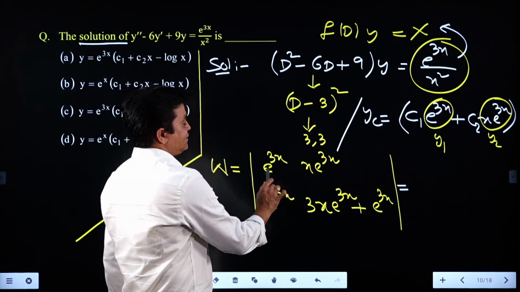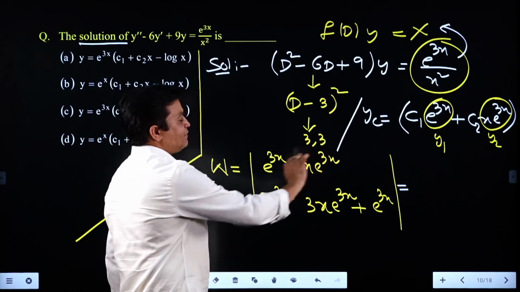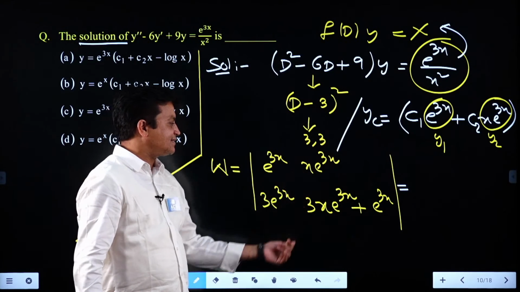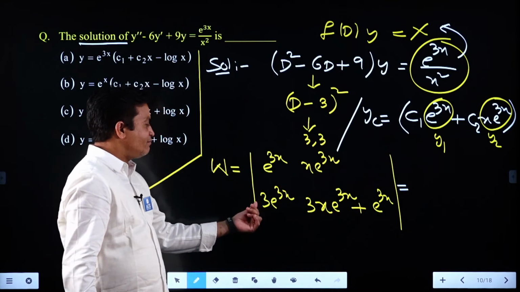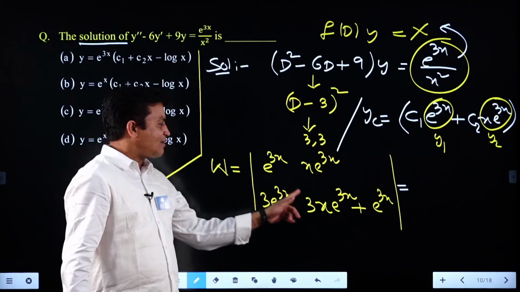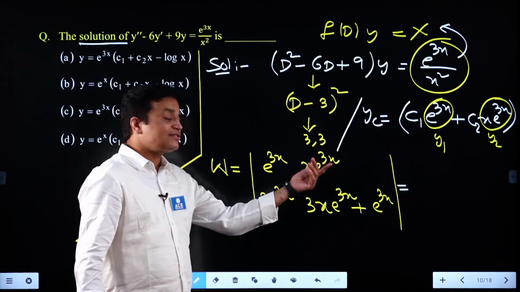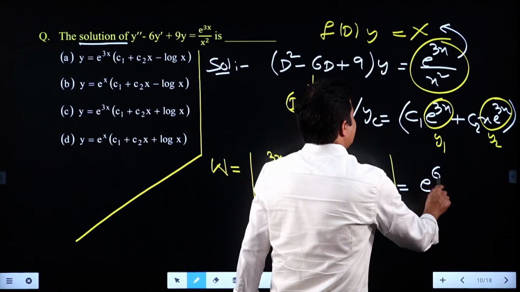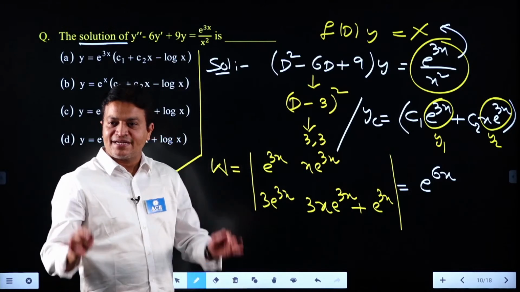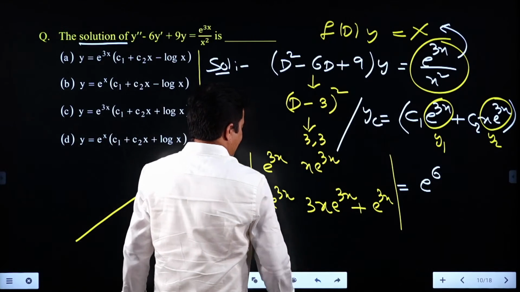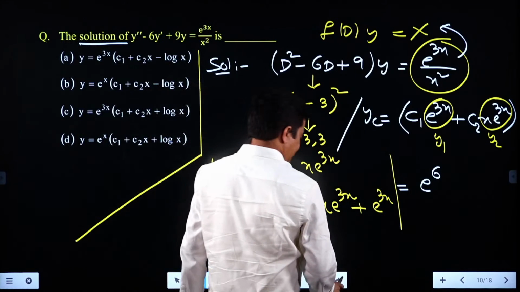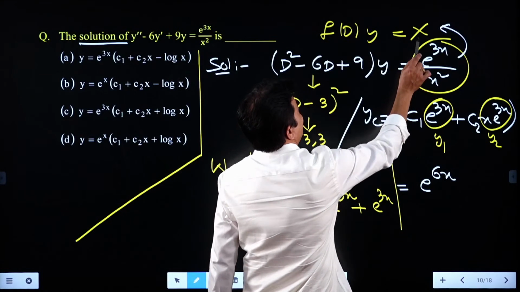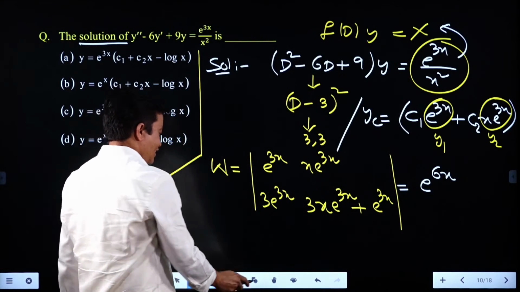Now, this into this, like A, B, C, D, AD minus BC, determinant value. So this into this: 3x e power 6x plus e power 6x, minus 3x e power 6x. This gives plus 3x e power 6x, this gives minus 3x e power 6x, cancel. Only e power 3x into e power 3x, e power 6x will be remaining. That is very useful. Then our yp part depends on this y1, y2, Wronskian and right side. Okay, how? You observe now.